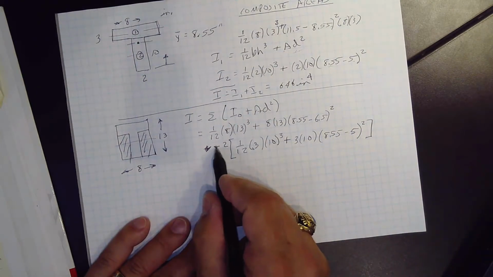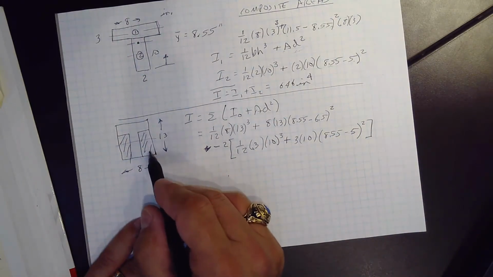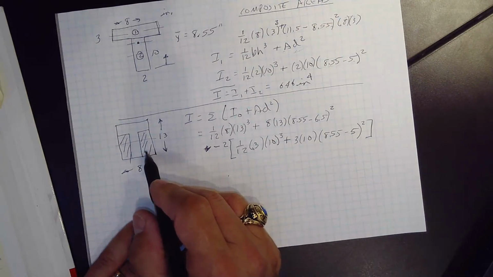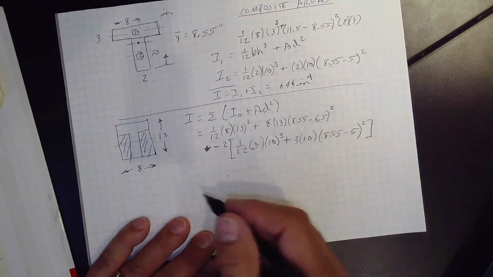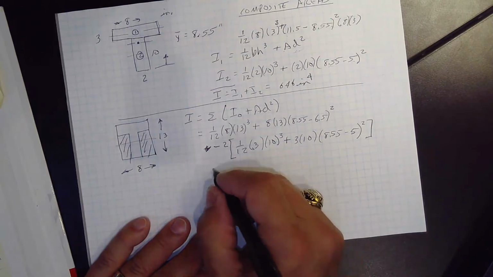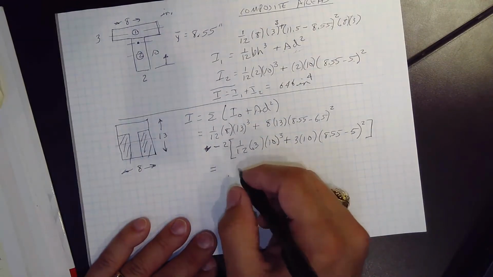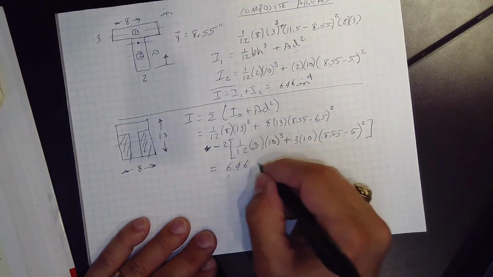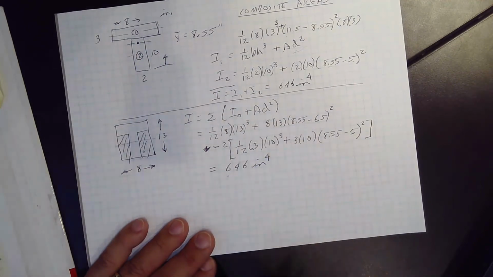And we subtracted here because these are holes. So they have negative consequence, and they're taking the moment of inertia away. Anyway, when you do your arithmetic in your calculator, it comes out to 648 inches to the fourth.